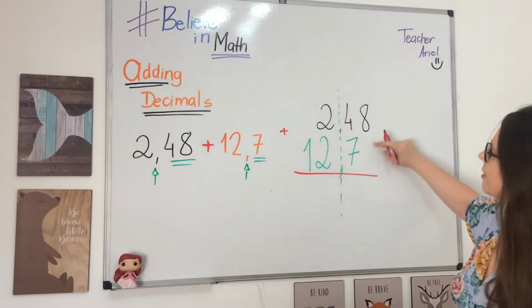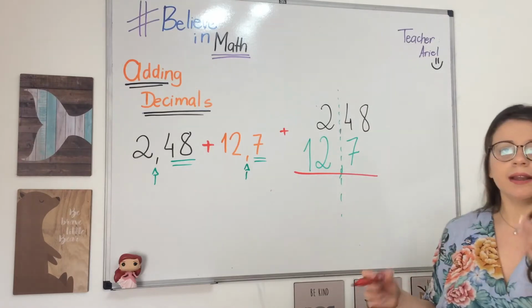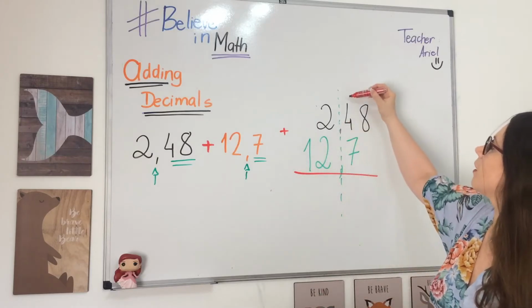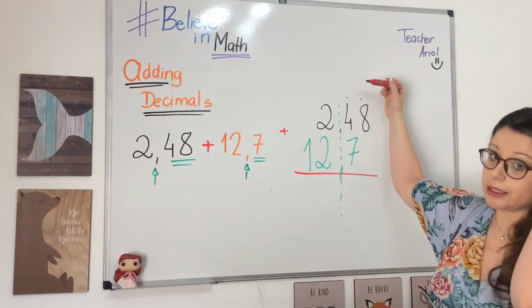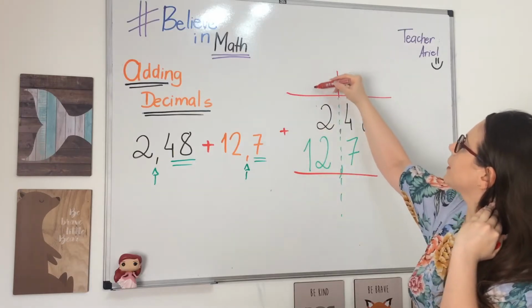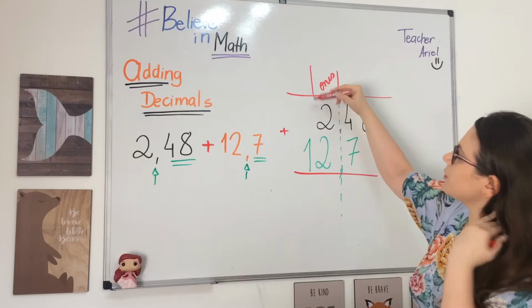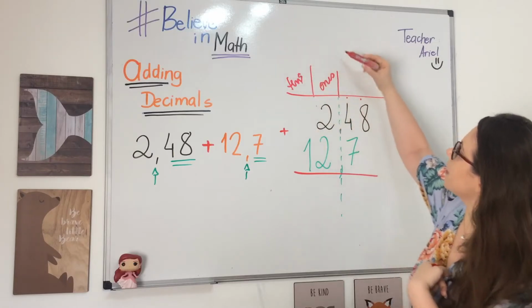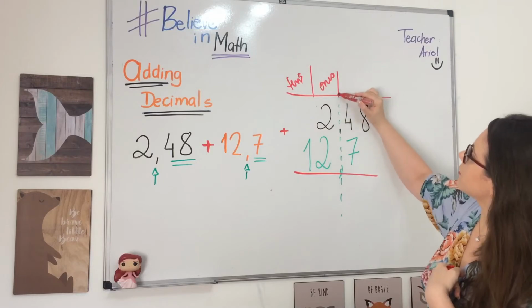Teacher, there is a blank space here. There isn't a blank space here. When we have 48 hundredths, because this is a hundredth, remember the place value. Oh, here we have ones. As we have 12, we even have tenths. Then we have the decimal point over here.